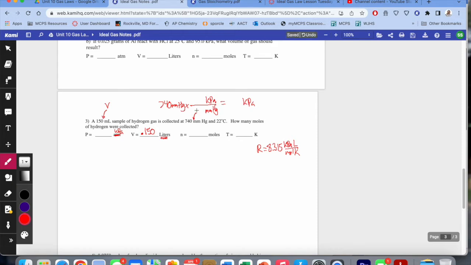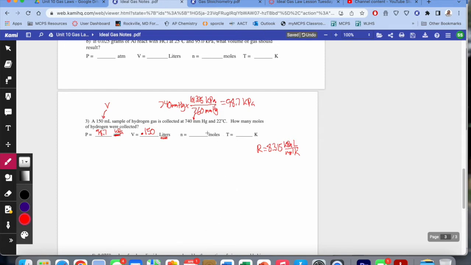So I look up standard pressures, and I find that 760 millimeters of mercury is the standard pressure in millimeters of mercury, and 101.325 is the standard pressure in kilopascals. And then I can punch it into my calculator. And I'll say 740 divided by 760 times 101.325 gives me 98.7 kPa.